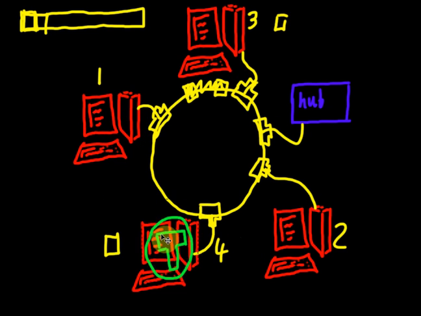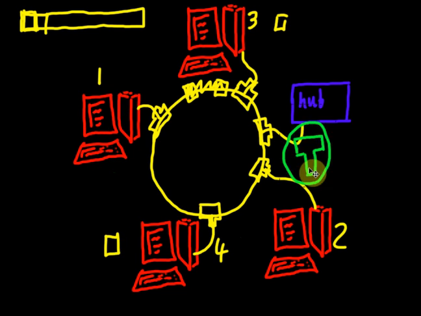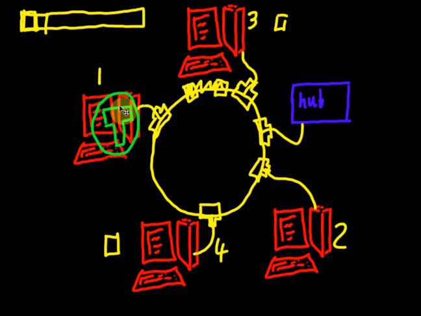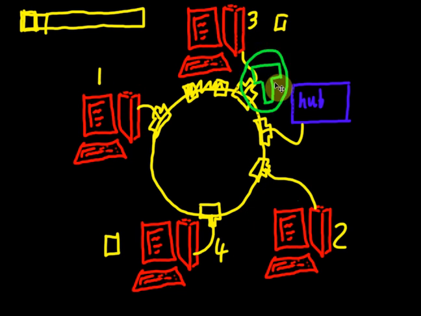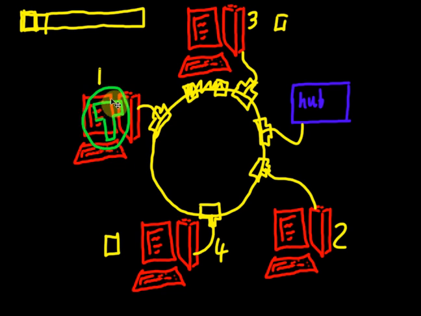The advantage of this is you could have much larger networks with less chance of collisions because they all had to take it in turn. However, after a medium-sized network, this also used to slow down.